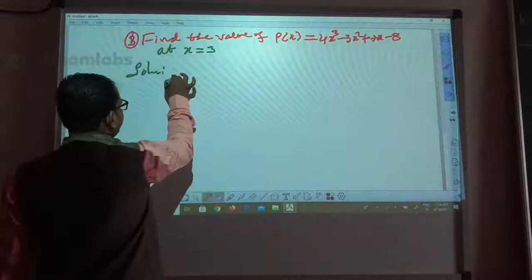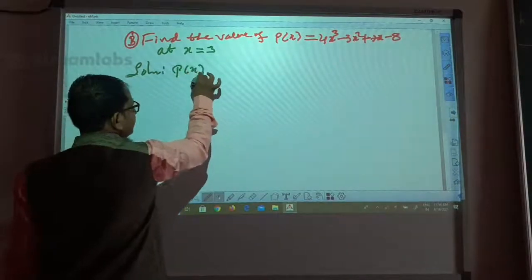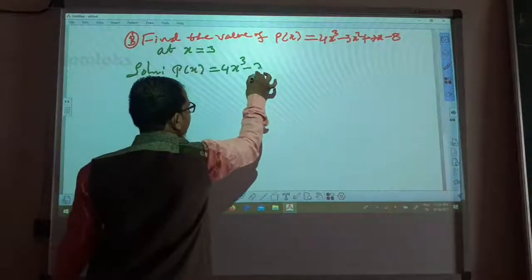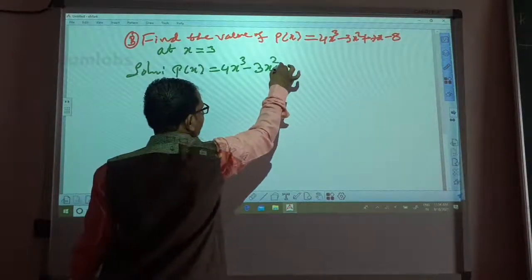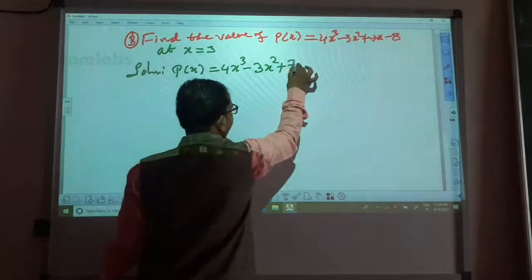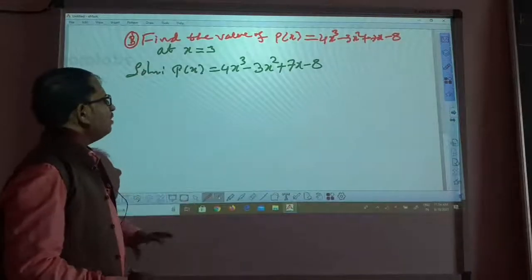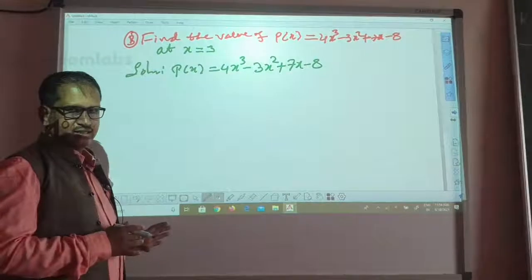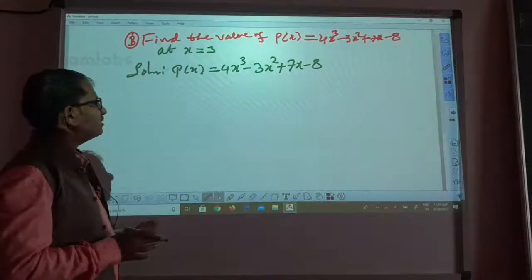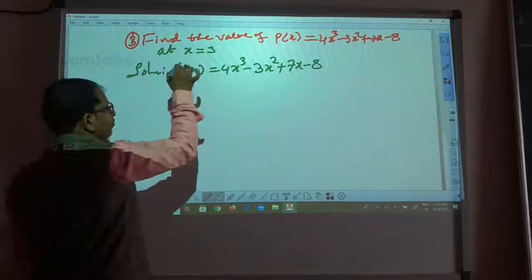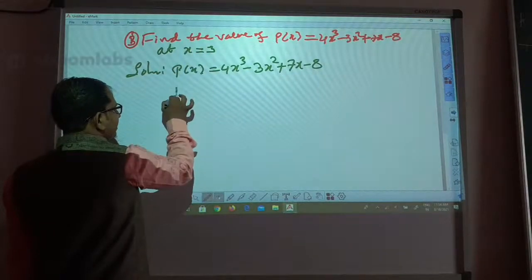Observe here, they have given P of x is equal to 4x cube minus 3x square plus 7x minus 8, right? Now we have to find P of 3, since the value of x is 3.